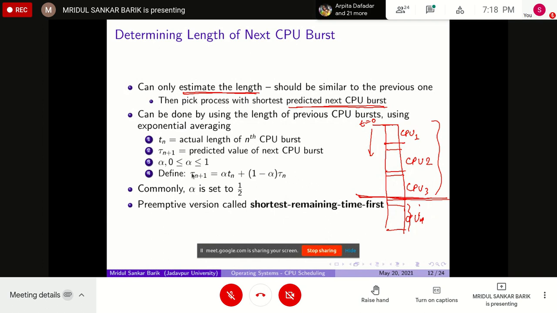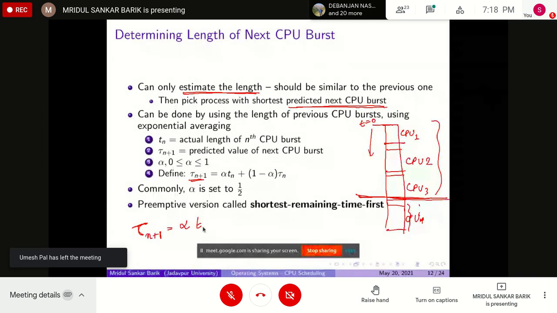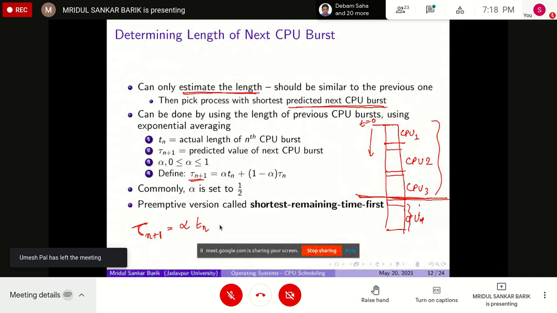So we define it like this. The length of the n plus 1th CPU burst, we represent the length of a CPU burst using tau, would be equal to alpha times the actual length of the nth CPU burst, that means the previous CPU burst, plus 1 minus alpha times the nth predicted CPU burst.